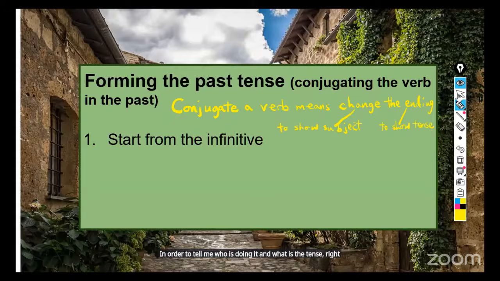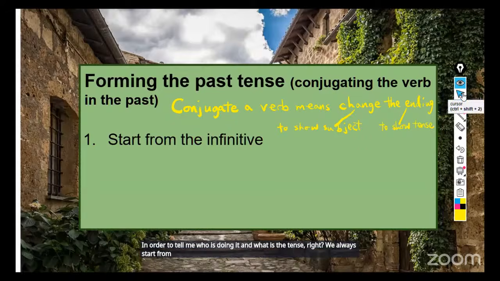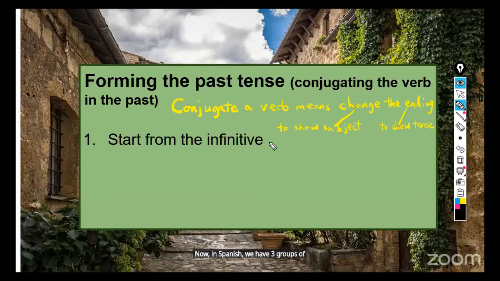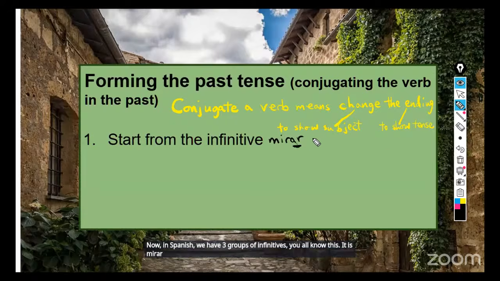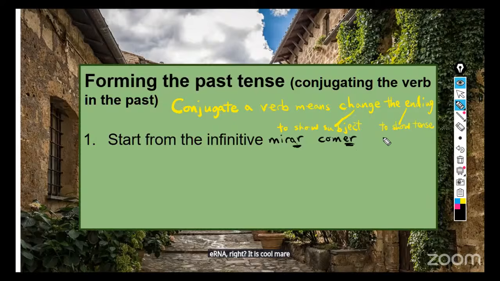We always start from the infinitive. Now in Spanish, we have 3 groups of infinitives. You all know this. It is mirar, AR ending, it is comer, ER ending, and it is vivir, IR ending, right? This is called the infinitive.